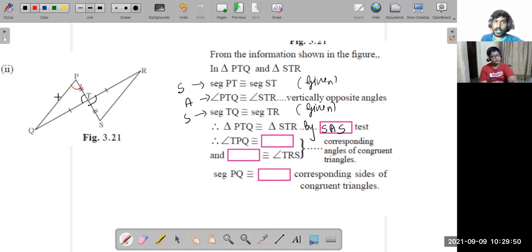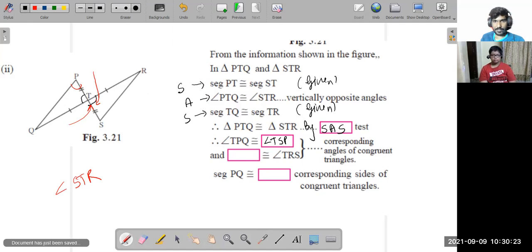STR. STR means this one. TSR. TSR, correct. Angle TSR and angle TRS, that is this one, will be congruent to which one?